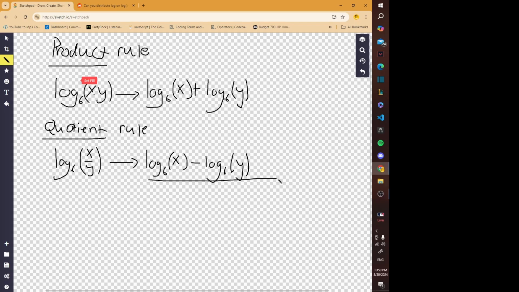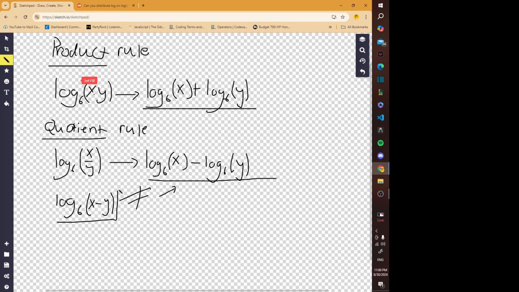Similar to the product rule in regards to using addition or subtraction, but in this case subtraction. Okay, so when you are dividing, you're subtracting here. And again, note that log base 6 of x minus y does not equal this, okay?